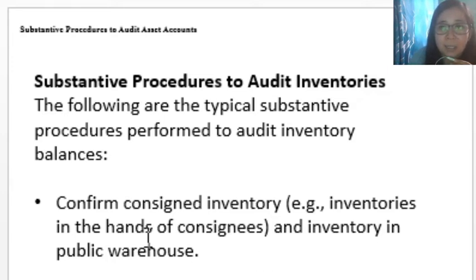In this case, the auditor will determine if the entity has correctly recorded the amount of inventory that the entity owns, whether they are in their warehouse or out on consignment, or those which are not in their vicinity but which they still own.